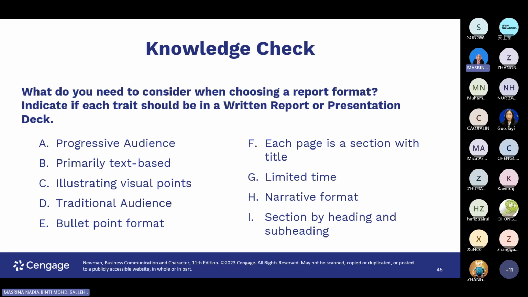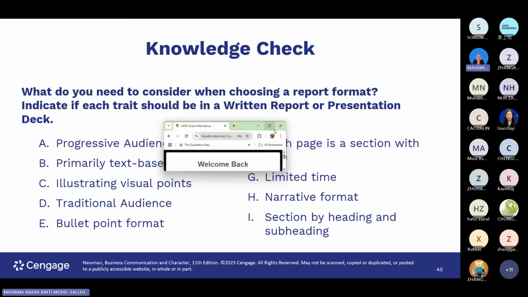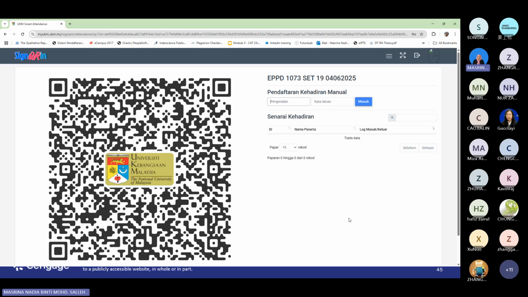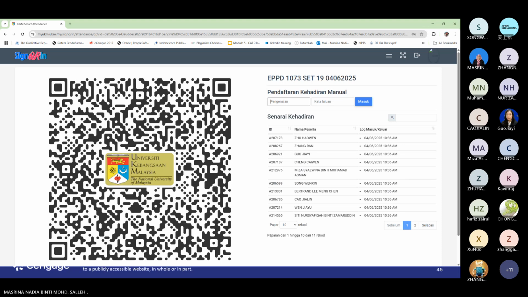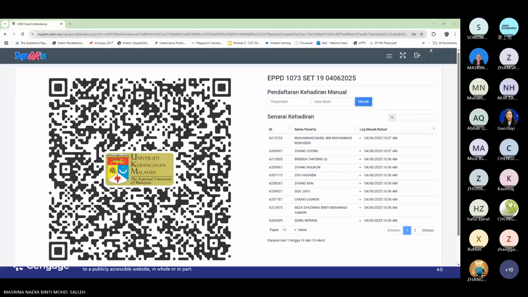The final quiz will be online, just MCQ. Like I mentioned, it will only cover the first 6 chapters, the first 6 lectures. Please scan your attendance now. We're going to have presentations right after Raya. Any questions?